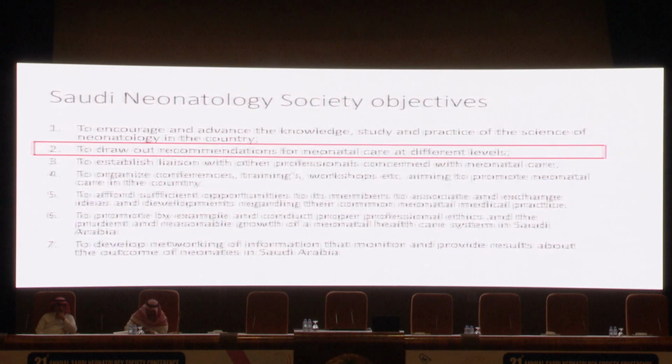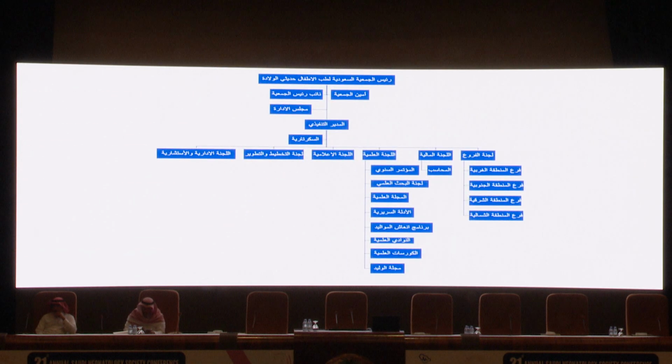From that objective, we made a strategic plan, and we tried to look into how to achieve that objective in real time and on the ground. This was at one time the organization chart of the society, and in the scientific committee we consider all these committees. They belong to the scientific committee. Then we looked into how to improve.